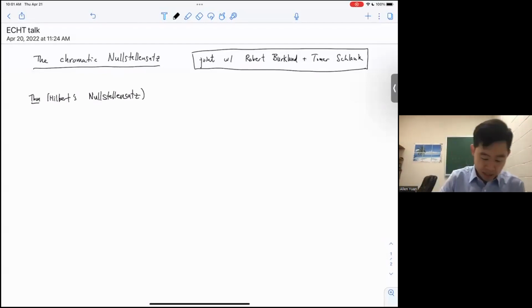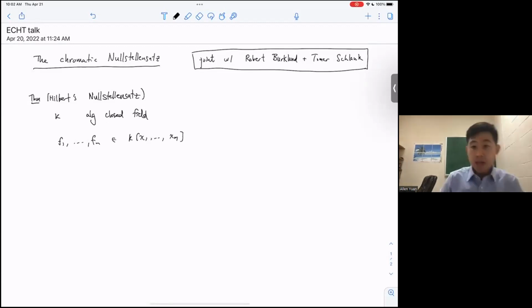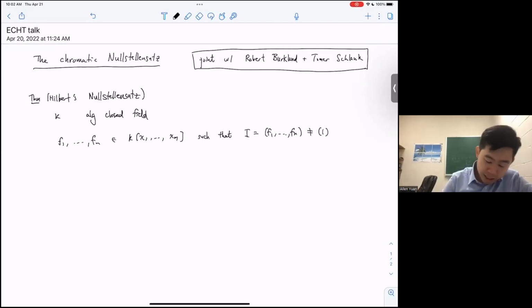And what it asserts is that if I have K an algebraically closed field, and I have f1 through fn some polynomials over K, say in m variables, such that the ideal generated by them is not the unit ideal, then you learn that these polynomials will automatically have a common root.